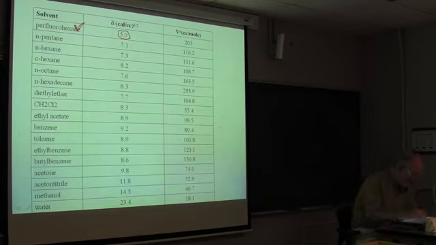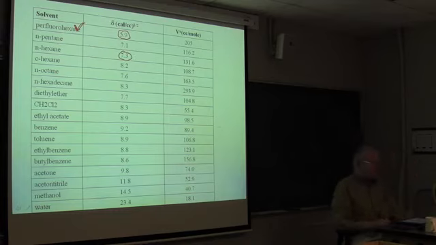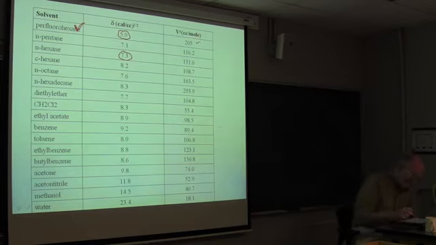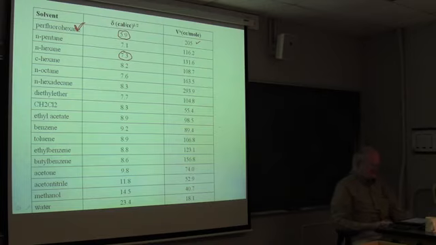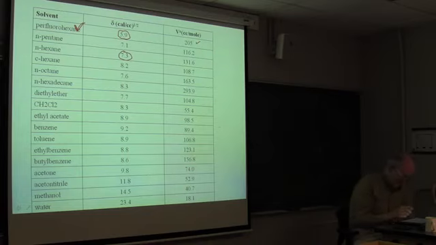Its solubility parameter is 5.9. Here's hexane, 7.3. That's a fair gap in cohesive energy densities. These are the molar volumes. Perfluorinated molecules are always a good deal bigger than the hydrocarbon analogs because fluorine is a kind of chunky atom. So it does make the molar volume go up.